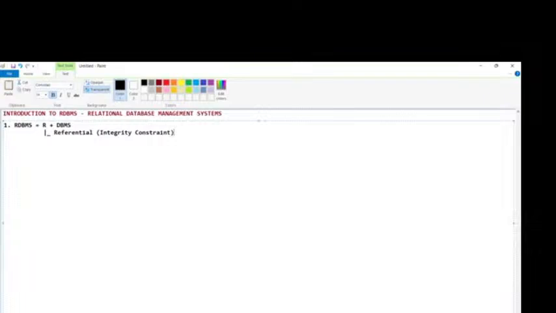In that I'll explain what is called domain integrity constraint, entity integrity constraint, and then we will learn what is called referential integrity constraint. Till then, just remember the word: R stands for referential, which is an integrity constraint.